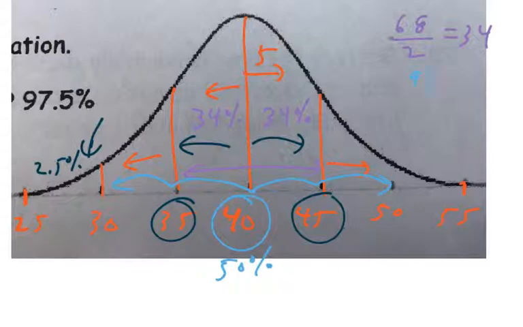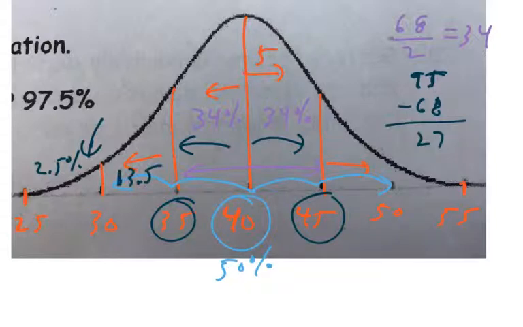Well, what's 95 divided by 2? Actually, let's do what I did in my first video. Let's take 95 minus 68, the middle 68%, and we know those outer two intervals have to total up to 27. So that's where I got 13.5% here, like last time. Same thing here as well.